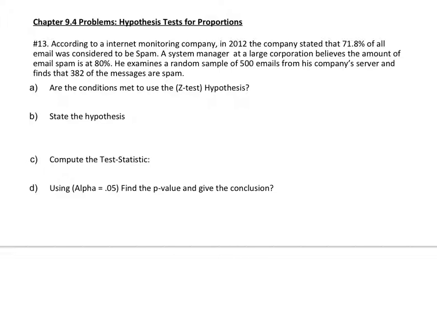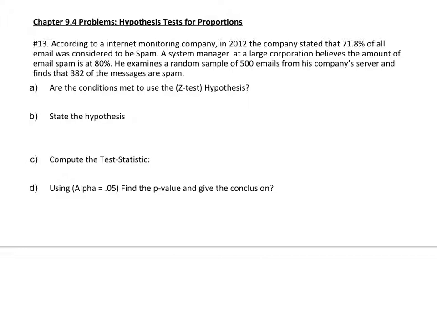A system manager at a large corporation believes that the amount of email spam is at 80%. He examines a random sample of 500 emails from his company server and finds that 382 of the messages are spam. So the question is, is the company manager correct?